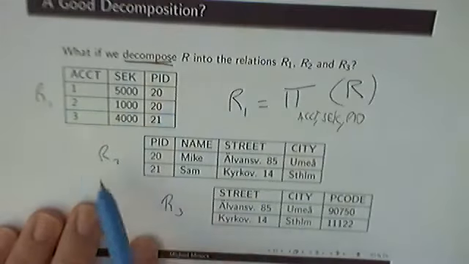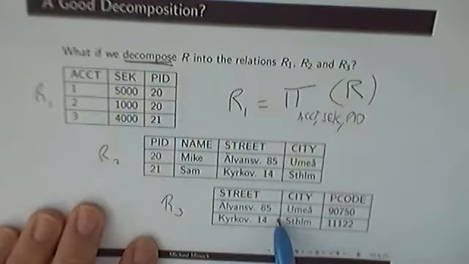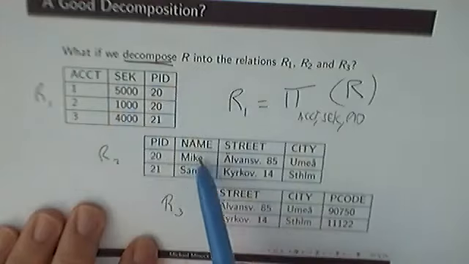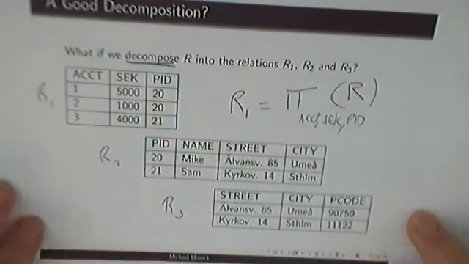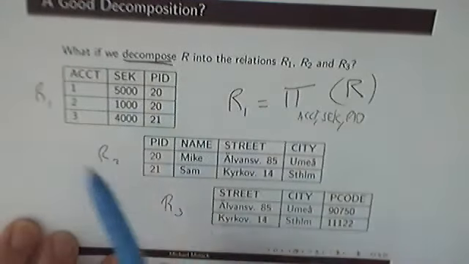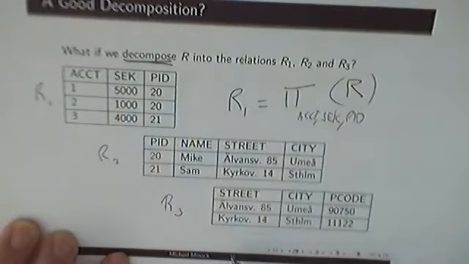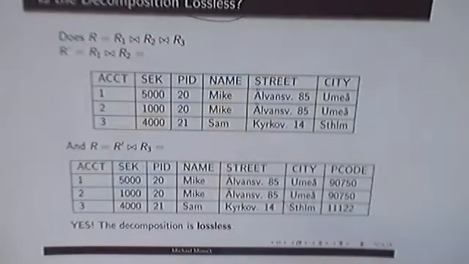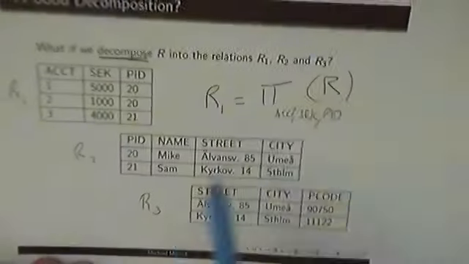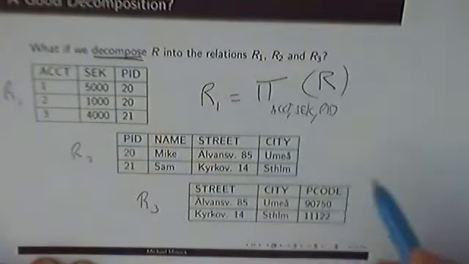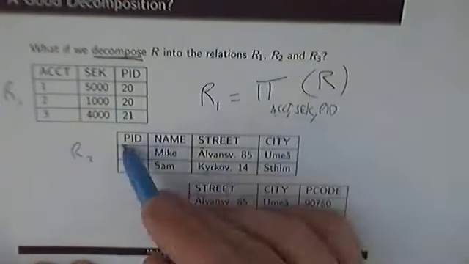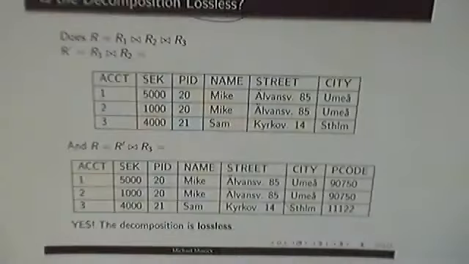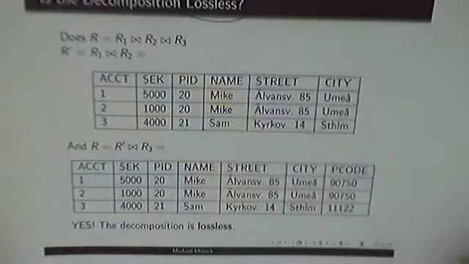We just do the projections off of the big R, the big table, and we get these subtables. This is the decomposition, R1, R2, and R3. We can take these and natural join them back together again and get the original relation. So doing the decomposition this way, with these projections, is what's called lossless.